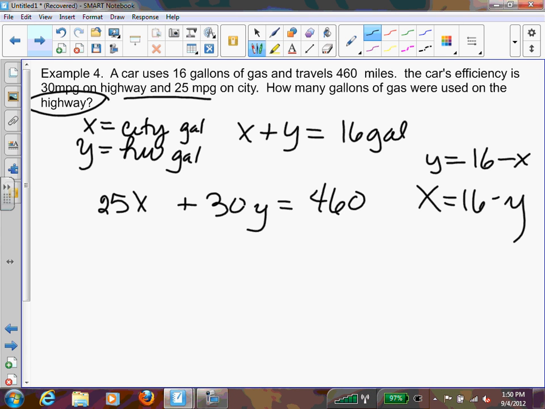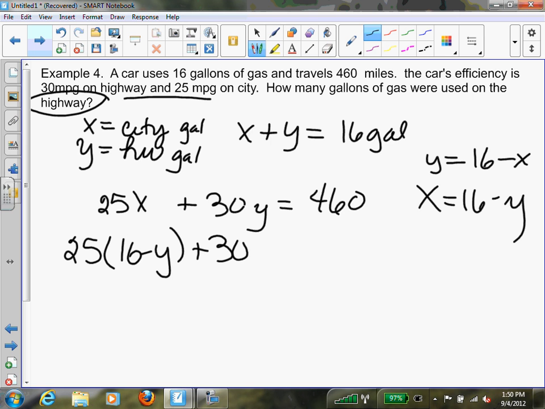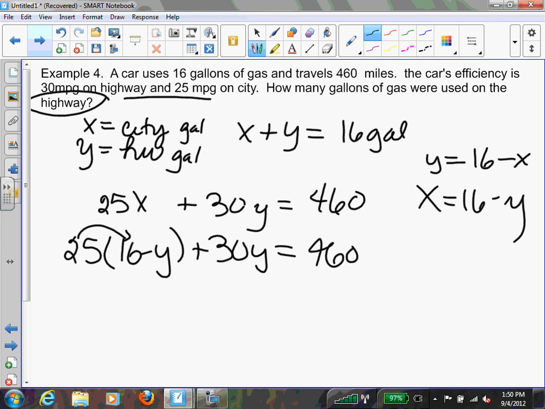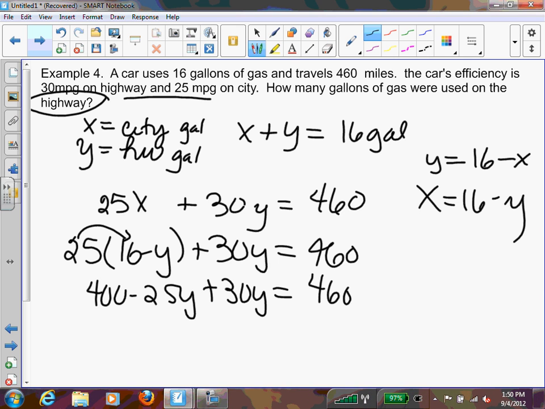All right. So what are we going to do? We're going to substitute 25 times plus equals. Right. Is this easy now? What do I do now to solve this? So 25 times 16 is what? Minus 25y plus 30y equals, right, like terms.